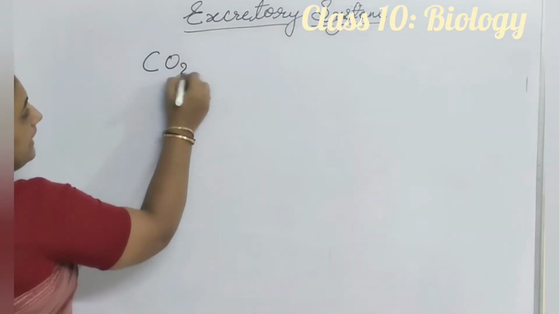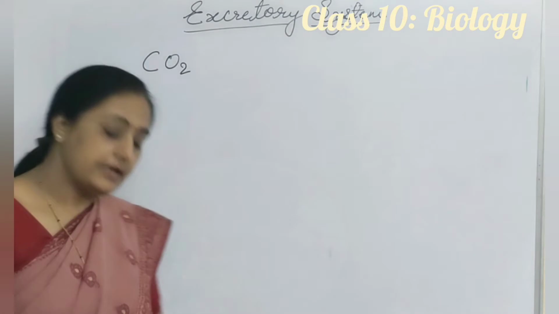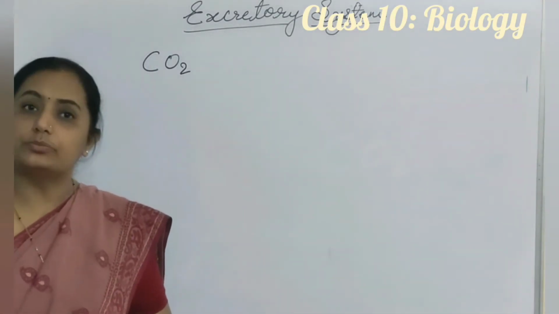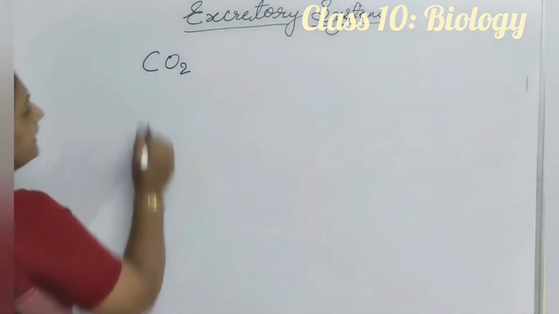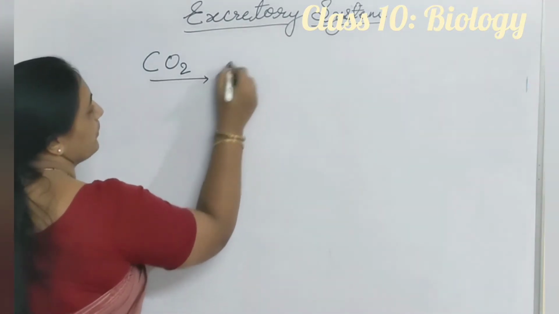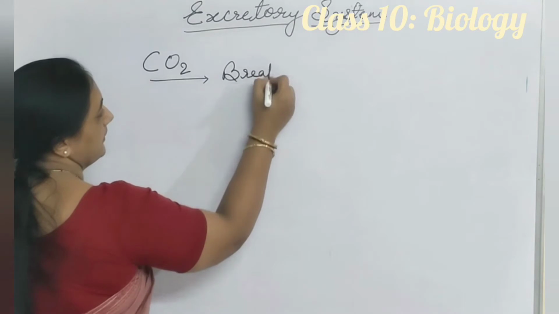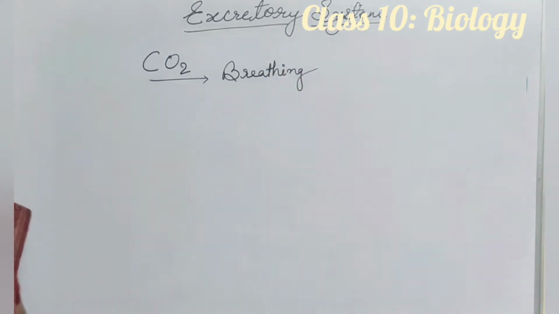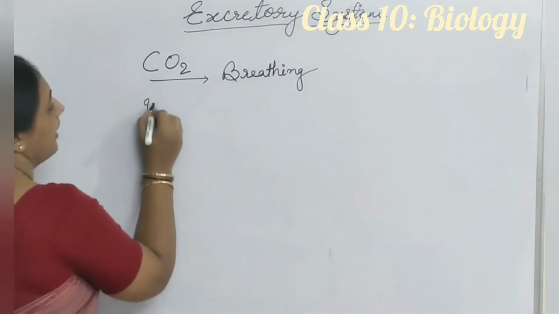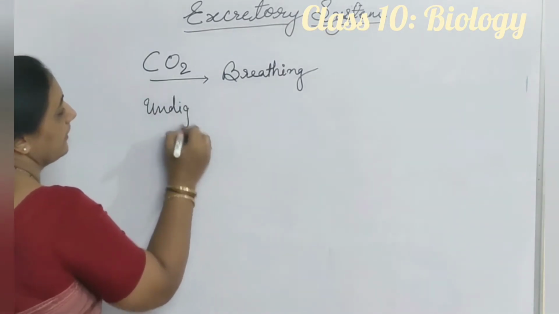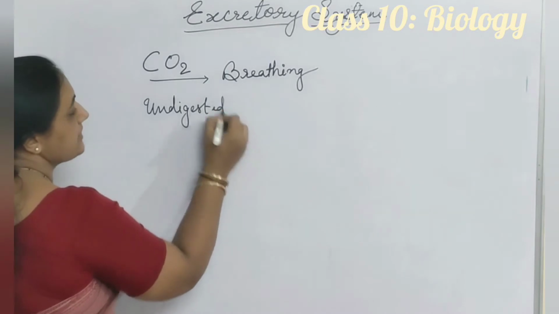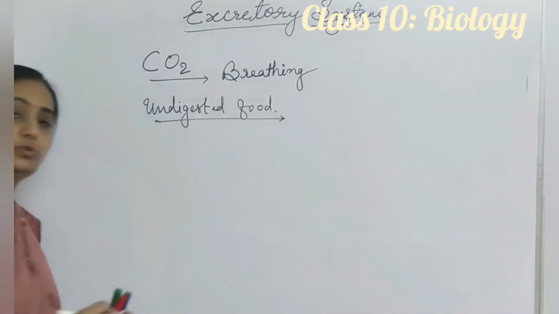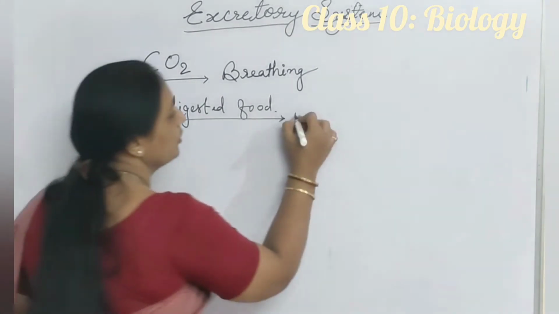For example, carbon dioxide. Carbon dioxide is a toxic waste material and must be removed from the body during the process of breathing. Already we have discussed this part in the previous classes. Same with undigested food material, which is removed from the body through the anus.